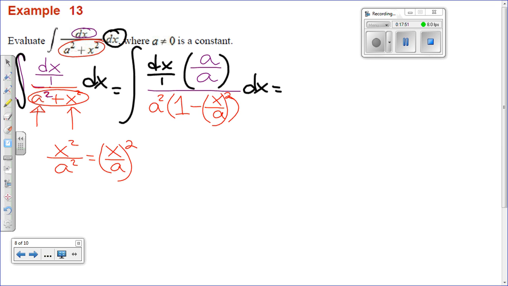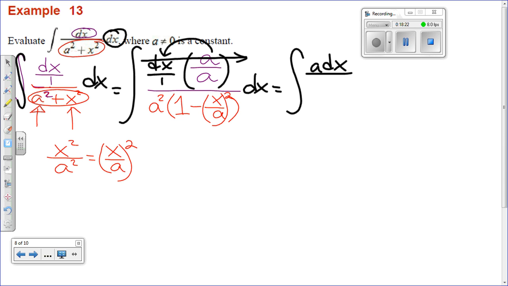Okay. Now, what we're going to have next is we're going to multiply here. So that will be the integral of a dx over, because remember, when we multiply fractions, we multiply straight across.